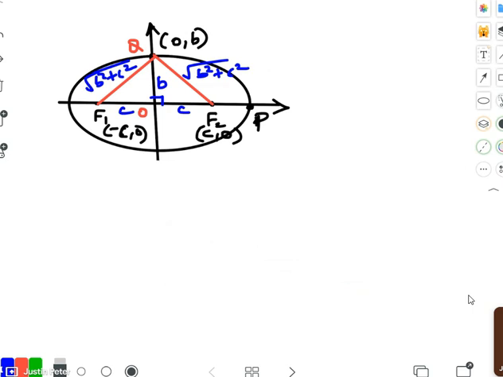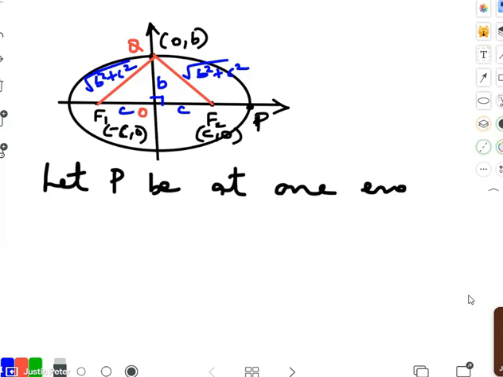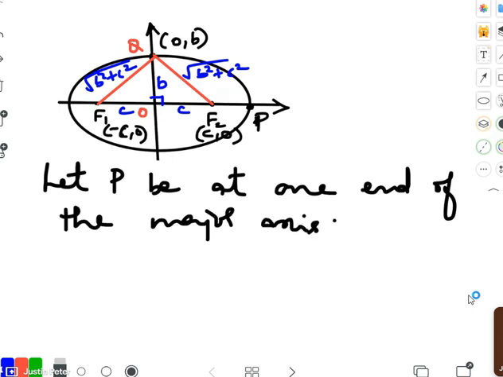P lies at one end of the axis. Can you tell me what is the coordinate of this point? a comma 0. Exactly, a comma 0.